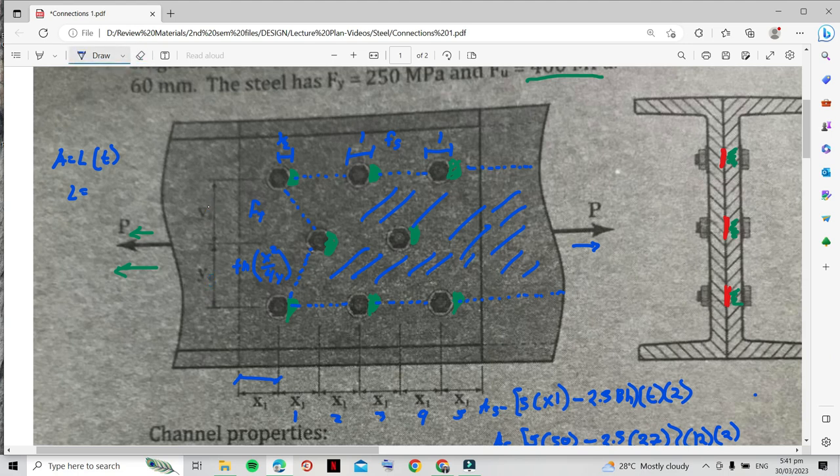Okay, let me check. Yes, that's y1, 60 mm. So the length is equal to 2 L1 minus, this is only half of the hole, then 1 whole hole, and then another half. So 1 half plus 1 half plus 1 is equal to 2. So minus 2 times the hole.